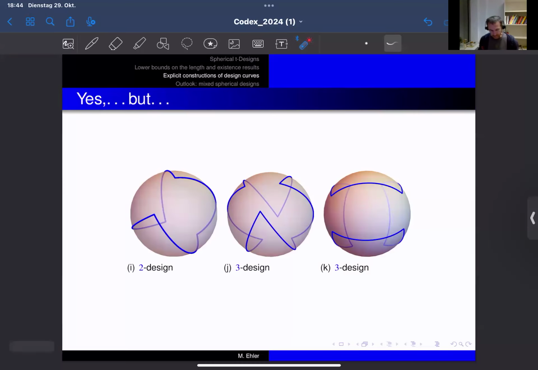And again, on the one hand, we like it very much. We have found T-designs that are simple curves, so no self-intersections. There are 2-designs, 3-designs. Yeah, and this can also be proven, that these are T-designs of the respective strength.